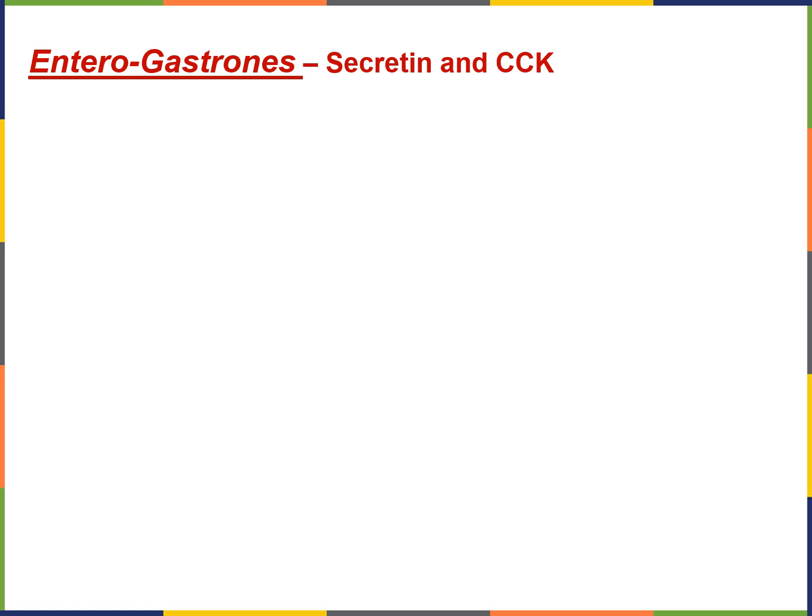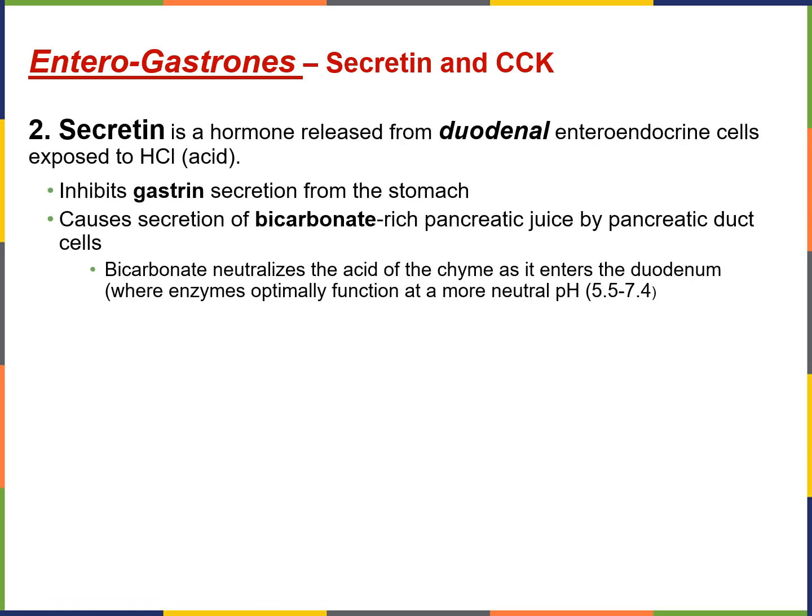The other two hormones, secretin and cholecystokinin, are known as enterogastrones because they affect the intestines and the stomach. Well, we've turned on the stomach with gastrin, and we're releasing this gastrin, which is causing motility and things. Well, we have to have off switches as well. And so secretin, which is released from the duodenum, as they sense hydrochloric acid, will turn off that gastrin release.